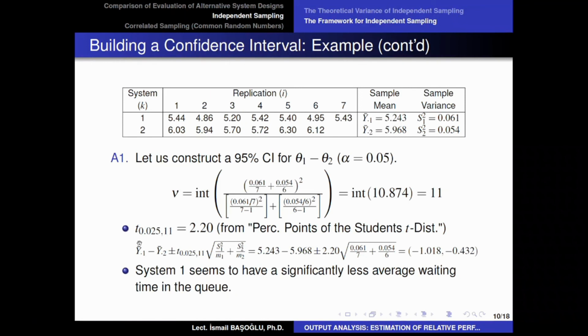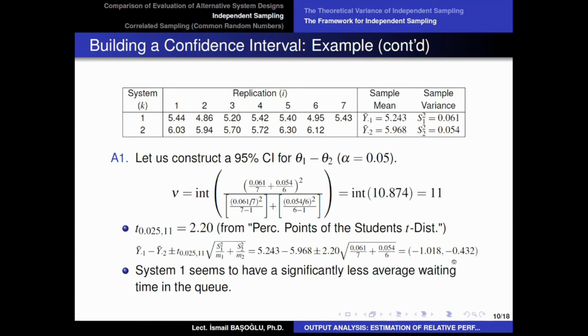And the difference between the first sample mean and the second sample mean is going to be 5.243 minus 5.968, and then I am going to write plus minus the t quantile that I have written, times the square root of the sample variance across replications under the first system design divided by M1, which is 7, plus the sample variance across replications under the second system design, which is 0.054, divided by the number of replications.